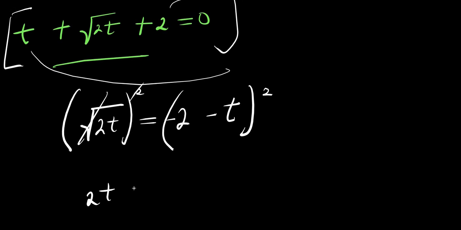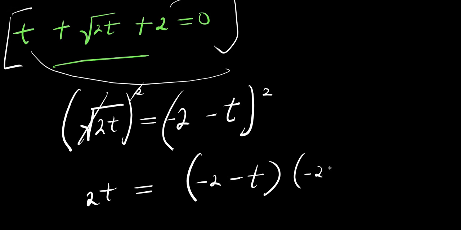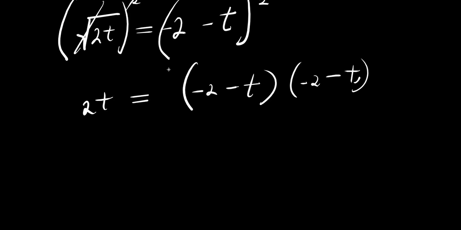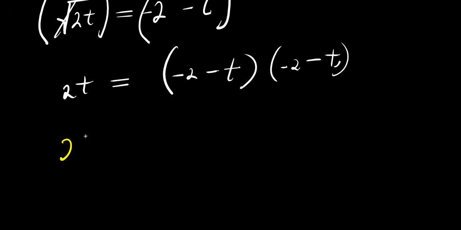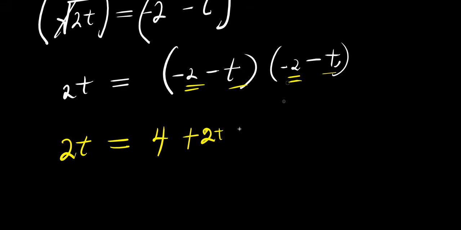I have 2t equals negative 2 minus t times negative 2 minus t. So let's multiply out. 2t equals this times this, I have 4. This times this, I have plus 2t. This times this, I have plus 2t. This times this, I have plus t squared.